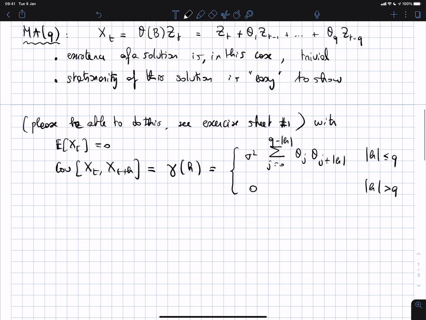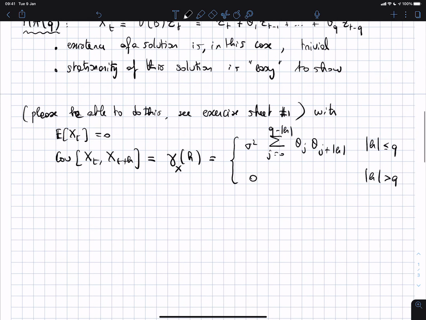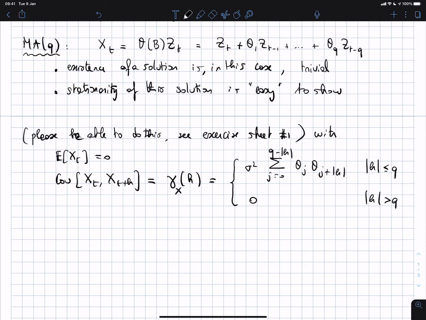So this you have to be able to do. So that's the case of the moving average.